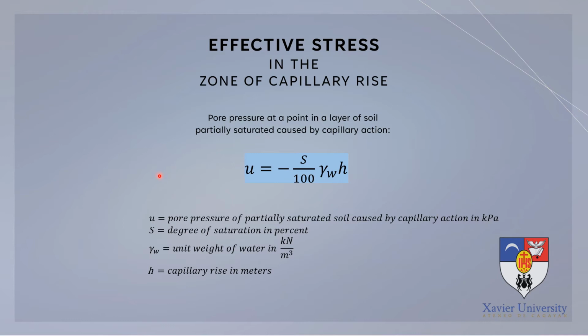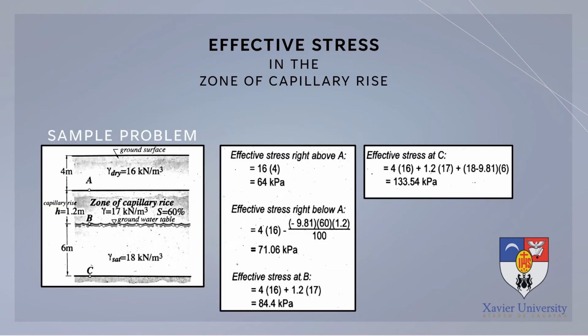In some cases, you would really have to convert that to have consistent units. So basically, if the problem presents us with the presence of capillary rise in the soil profile, you have to incorporate this equation into the solution for the determination of the effective stress at a point of consideration.